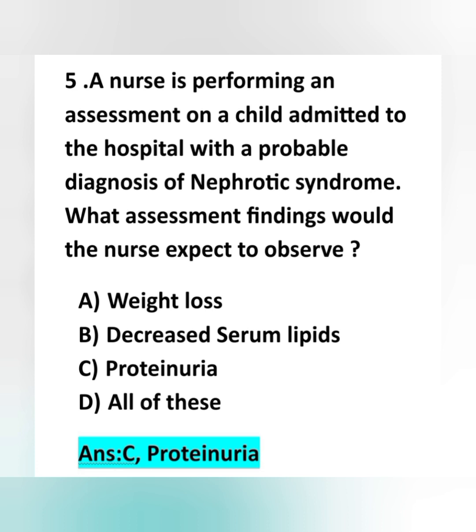So here weight gain, not loss, and serum lipid will be elevated. Proteinuria is the most common classical symptom, so option C, proteinuria, is correct. The remaining manifestations and interventions we saw in the second question. This is the questions for today. Thank you.